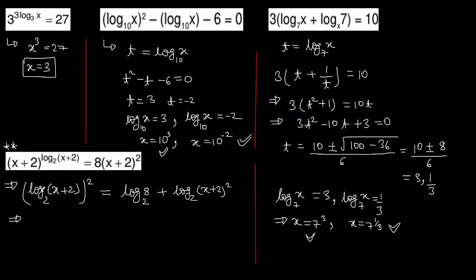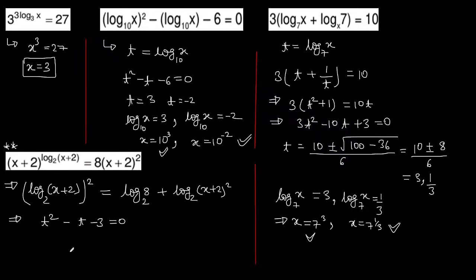So if you take log of x plus 2 base 2 as t, it is nothing but t square minus, like x plus 2 will have to be positive. Okay, so we are keeping the positive part only. So minus t minus 3 equal to 0.